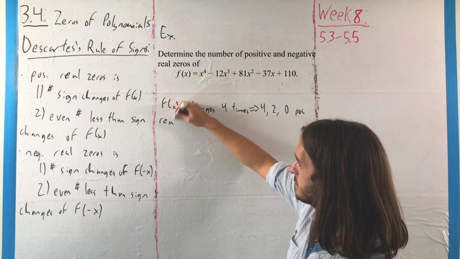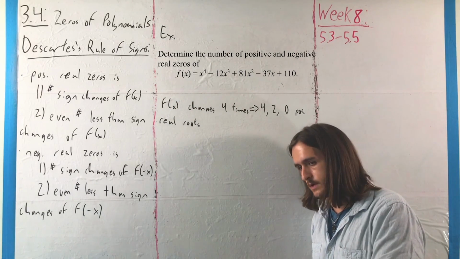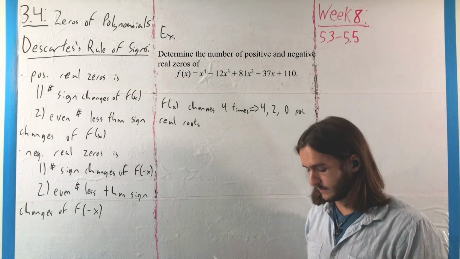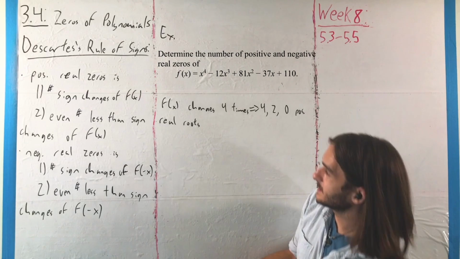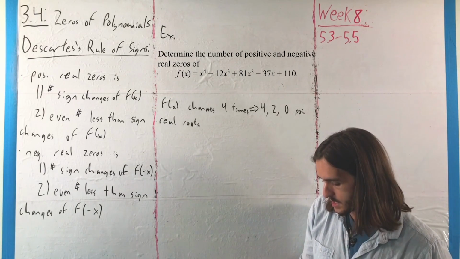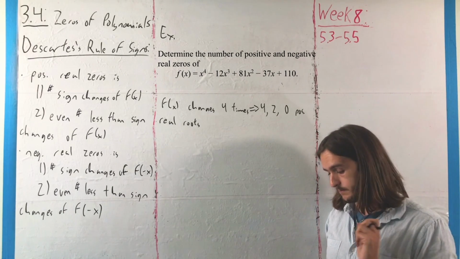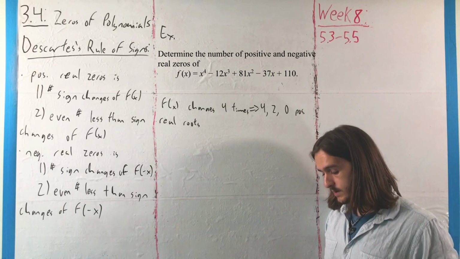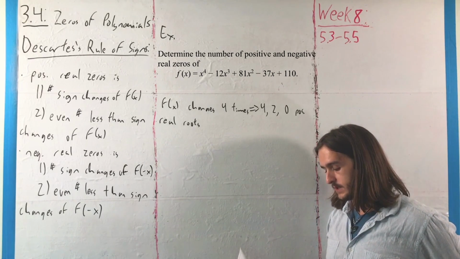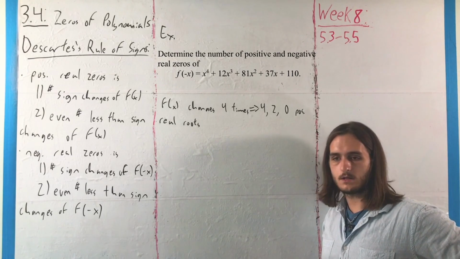Meanwhile, for the other case, if we want f of negative x, we need to actually get f of negative x. So we're going to plug in a negative x for that function, and what we will end up with is negative x to the fourth plus negative x cubed times negative 12 plus 81 negative x squared minus 37 times negative x plus 110, which actually ends up resolving all of the sign changes. So we have no sign changes.